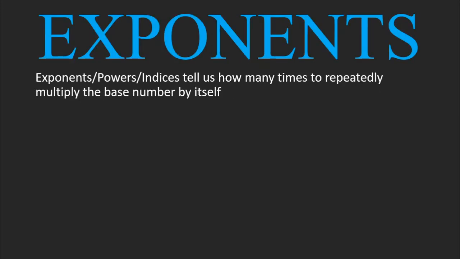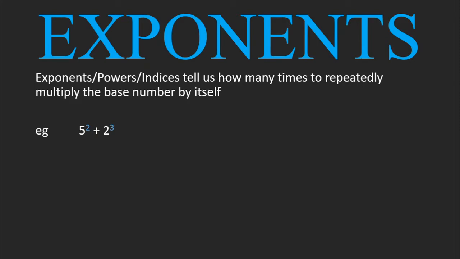Next, let's have a look at exponents, or powers, or indices. Again, they tell us how many times we need to repeatedly multiply the base number by itself. So here's an example. I've got 5 with an exponent, or index, of 2. We could also call this 5 to the power of 2, or 5 squared. And we're adding that to 2 with an exponent or index of 3.